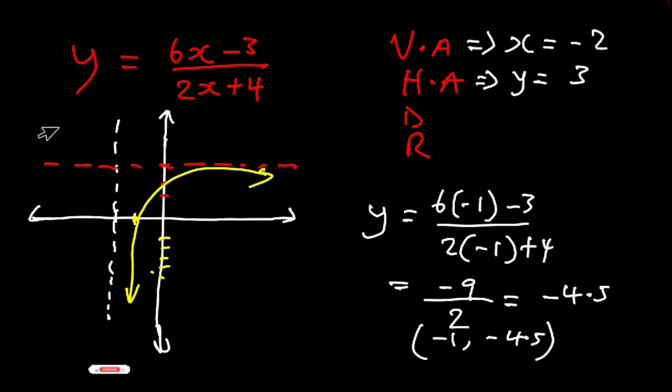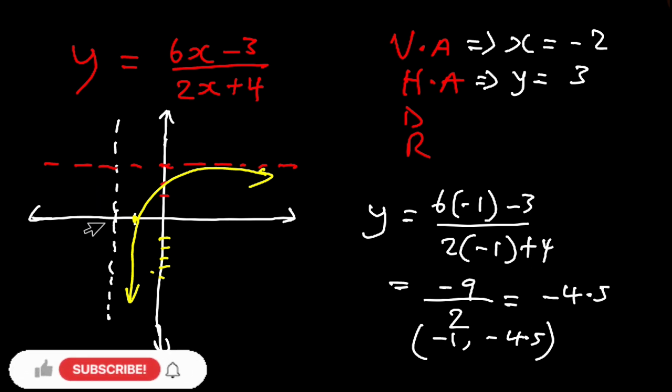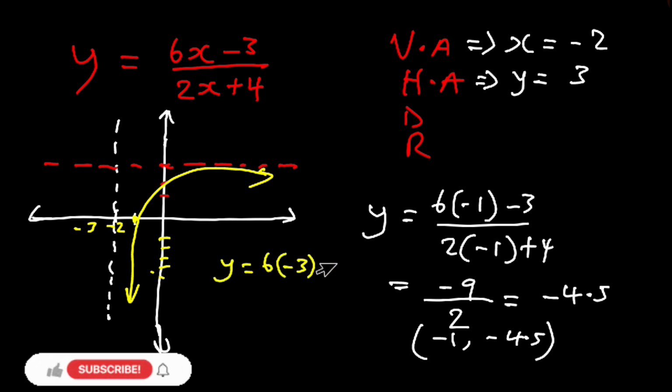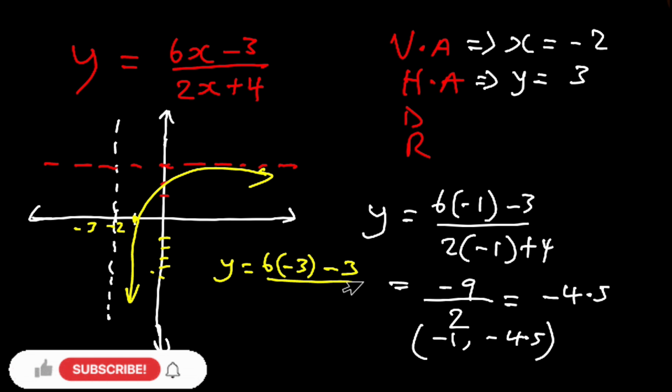Then to the left hand side of this vertical asymptote, here is -2, so let's pick -3. If you plug in -3 here, you're going to get y is equal to 6 multiplied by -3, minus 3, divided by 2 multiplied by -3 plus 4.